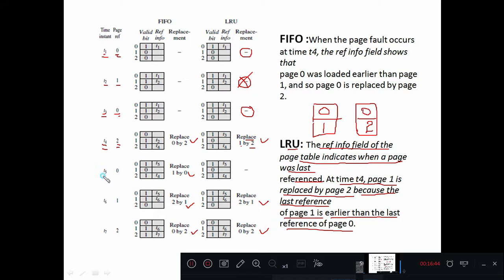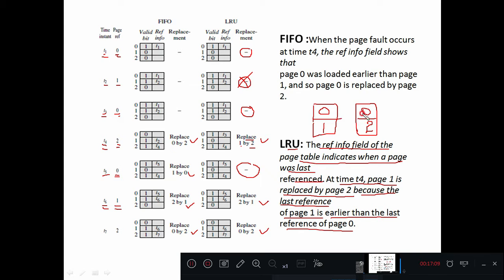Again at t5, page 0 is referenced, but 0 is there in the main memory, so we do not require any page replacement. But in case of FIFO, page replacement was needed at time t5, right? Now at t6, page 1 is referenced. Is page 1 there in the main memory?